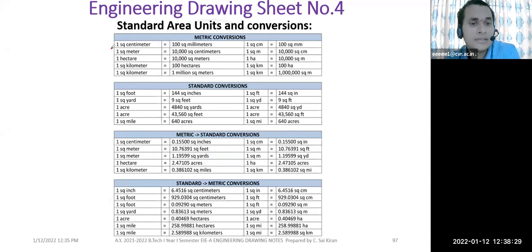Here I'll explain. You already know that 1 centimeter equals 10 mm.